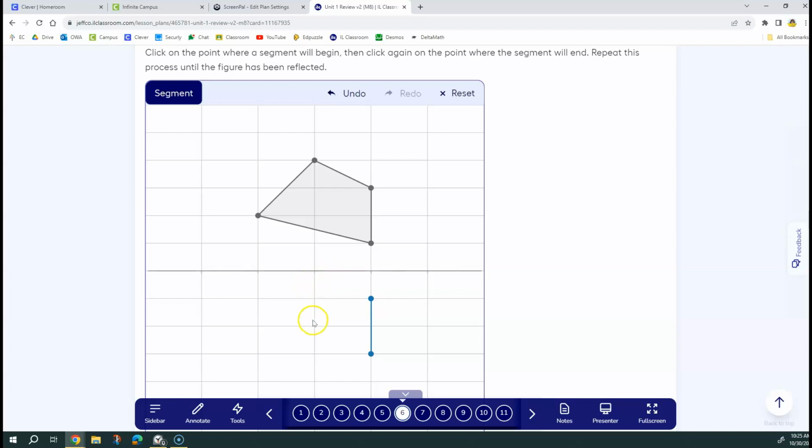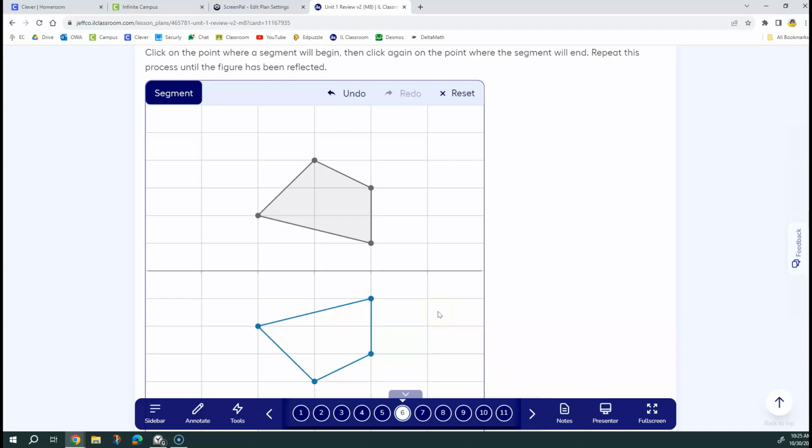So I'm going 1, 2, 3, 4 steps away in the opposite direction. Then my last point is 1, 2 steps away from my line of reflection, so I'm going 1, 2 steps away. Click. Then I can come back over here and click, and come here and click.